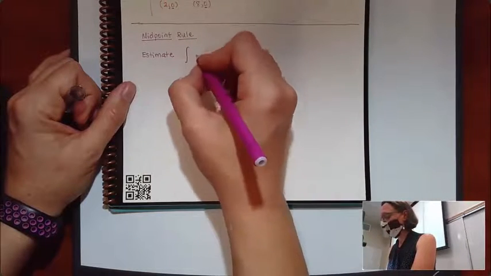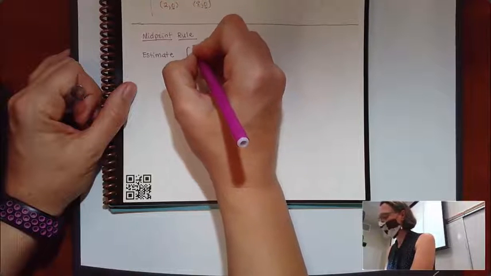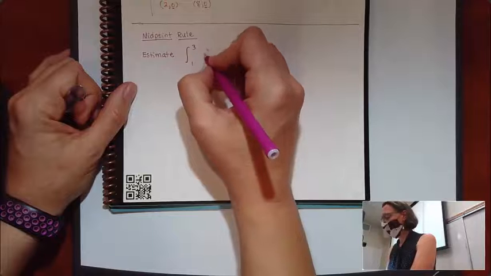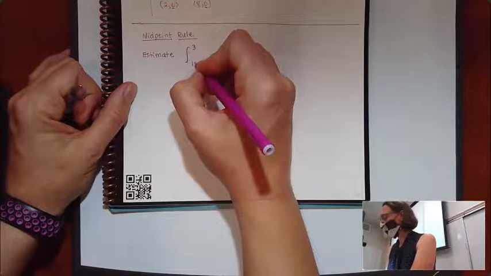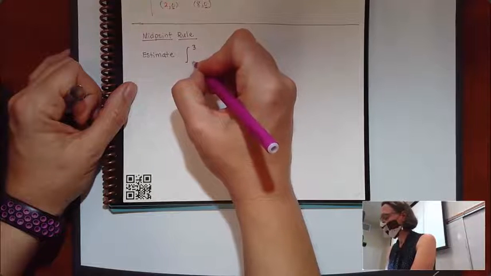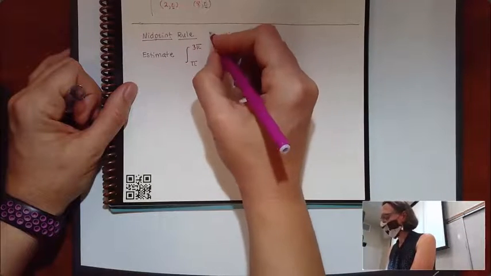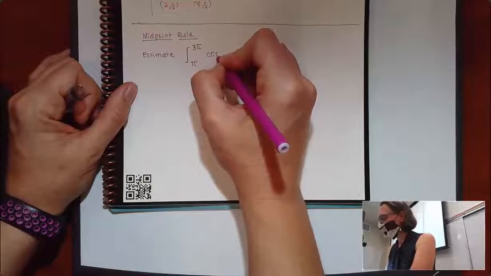And let's say that I wanted to estimate the integral from 1 to 3 of, oh, how about, there was a request for some trig, throwing it all together. We're going to make that pi to 3 pi. And we're going to integrate cosine.